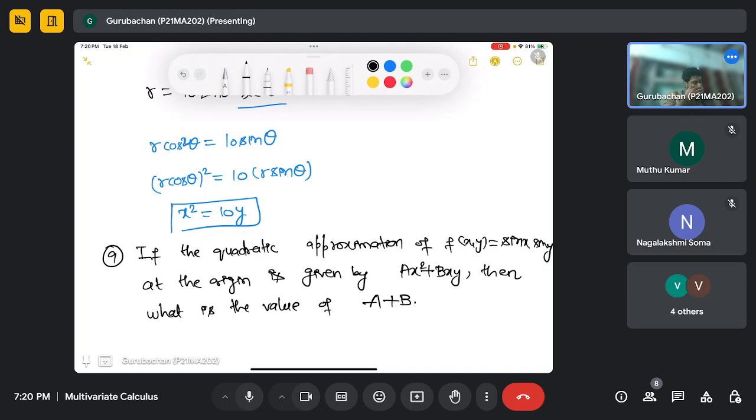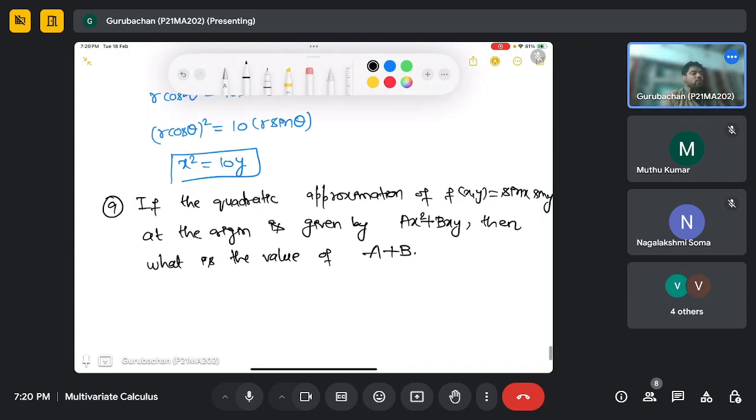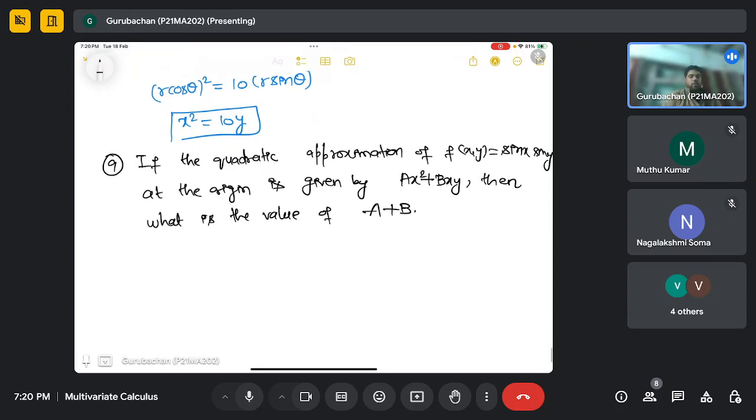Please tell me. We have to do its quadratic approximation, then we have to tell what will be the value of this a plus b, right?